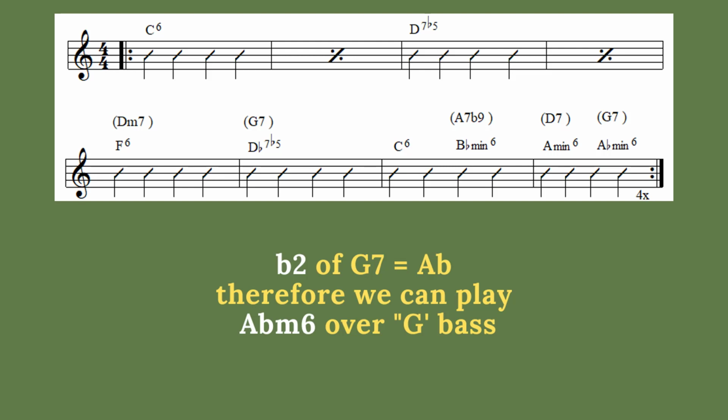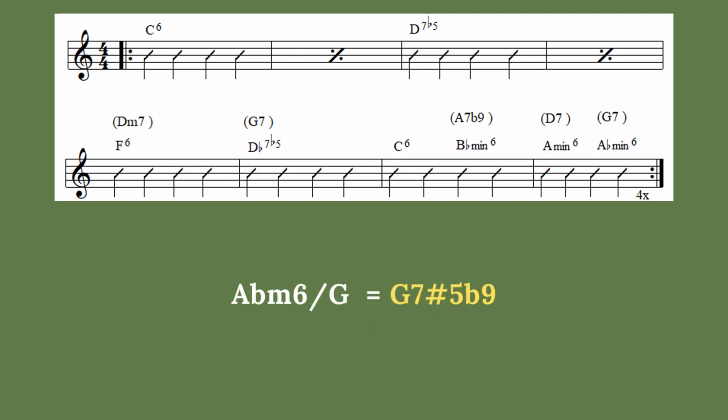And how we arrived at that is that the flat 2 of G7 is A flat. And once more, we'll find that if we play an A flat minor sixth chord over a G bass, the sound that is produced is a G7 sharp 5 flat 9 chord.